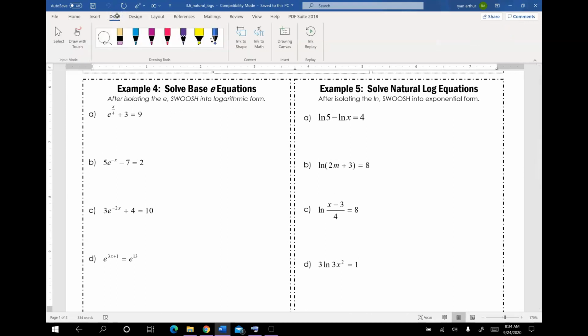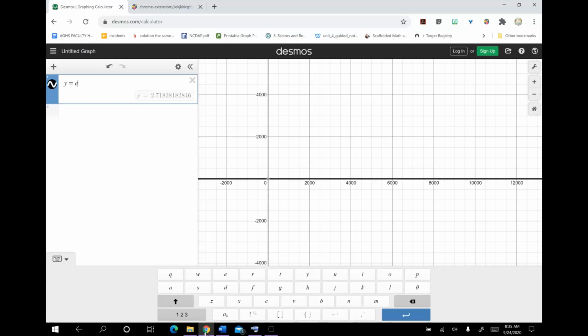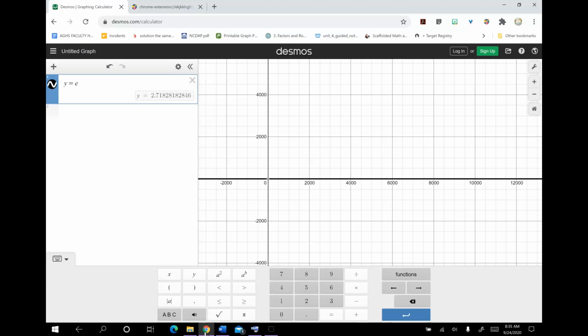Okay, so let's do it: left-hand side line 1, right-hand side line 2. So this is e to the x over 4 plus 3 equals 9. So let's go do it. All right, exit, y equals, now to find e, you're just going to have to go to your ABCs or type e on your keyboard.